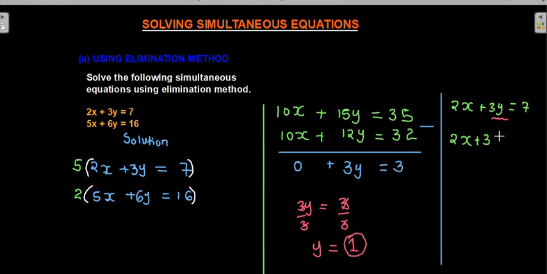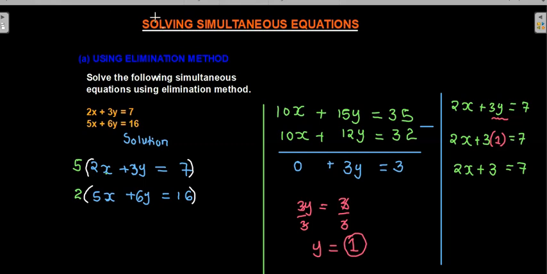So that will be 2x plus 3 in bracket 1, equal to 7. We can now expand this, and that will be 2x plus 3, because 3 times 1 is 3, equals 7.